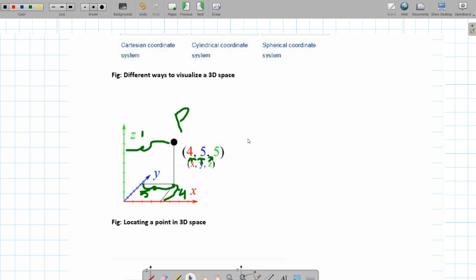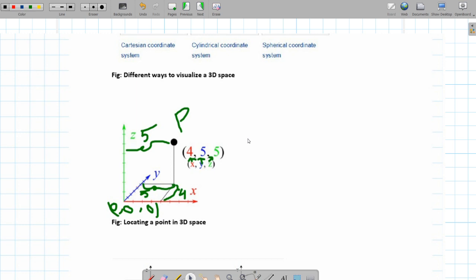So from the origin 0, 0, 0 to arrive at point P, you have to travel 4 points along the x-axis. 1, 2, 3, 4. Then you have to move 5 points along the y-axis. You can see 1, 2, 3, 4, 5.